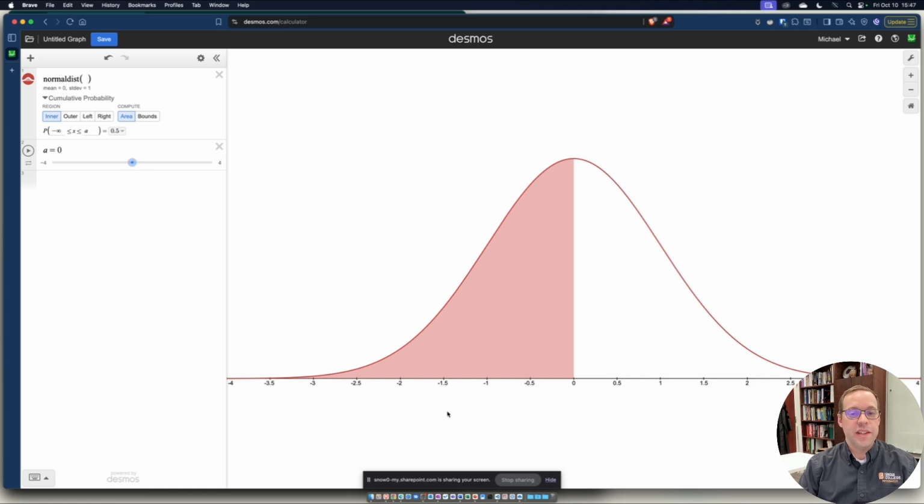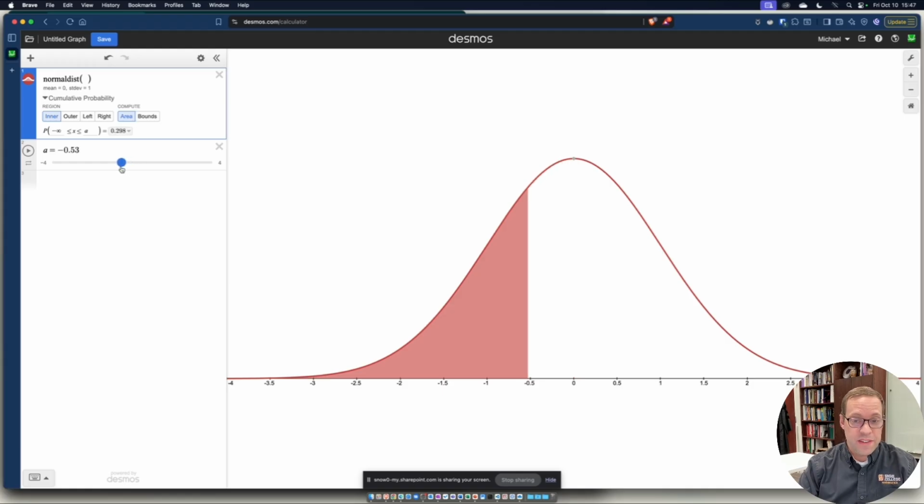What is the probability of selecting somebody that is less than 0? Well, that is half of my graph. So that's 50% right here, okay? 50% of the area is left of the graph, 50% is to the right of the graph.